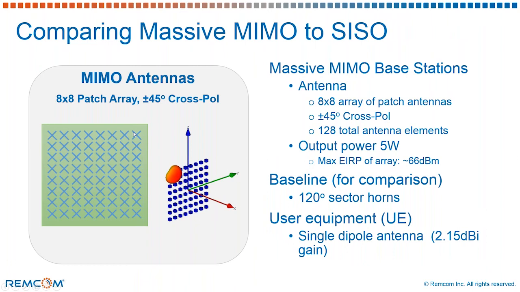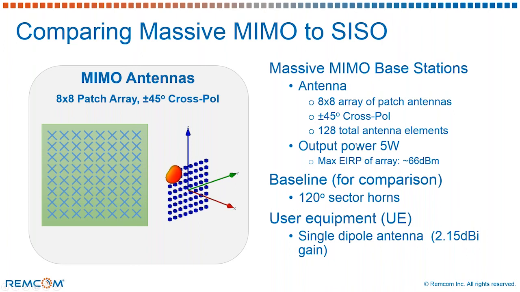We then defined 2 cases, one with a large FD-MIMO array. Our array was an 8x8 array of patch antennas set at plus and minus 45-degree cross-polarized angles. And for comparison, we also included a case using a baseline of 120-degree sector horns so that we could compare how much improvement we get by going from one antenna to a large array in a MIMO configuration.